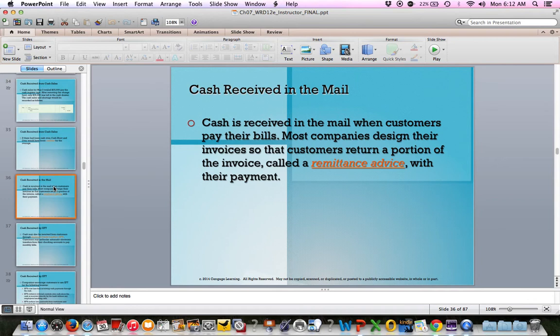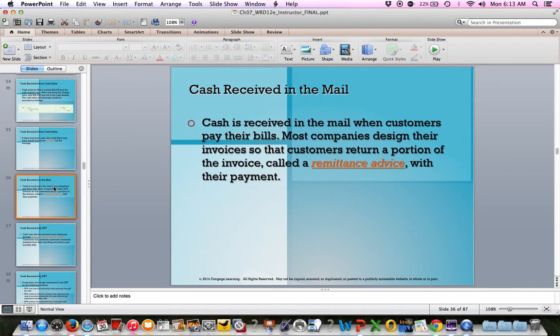You send out a bill, and that bill at the end of it had that part you could tear off called a remittance advice. And when we sent out the bill to the customer, it had the big envelope that contained everything inside. So inside was the bill along with a prepaid envelope that is already pre-addressed.